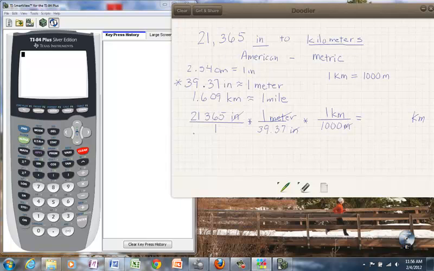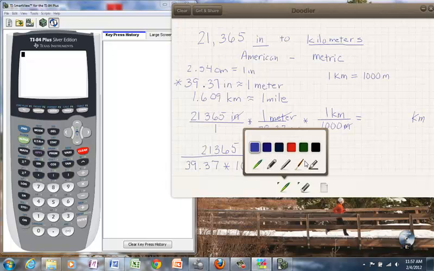All right, so now let's see what I need in terms of numbers. I have 21,365 times 1 in the numerator, 39.37, again times 1, but I don't need to write that because that doesn't change the number, times 1,000.